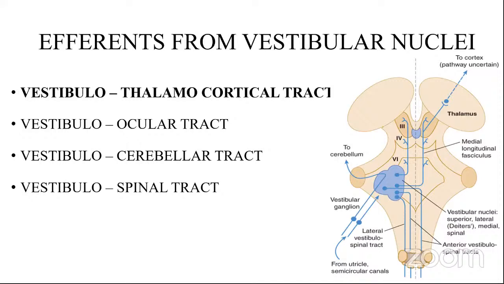The efferent is the vestibulo-thalamo-cortical tract, as we have seen, from the vestibular nuclei to thalamus and from thalamus to cortex. This pathway is uncertain. So the main efferent from the vestibular nuclei is the vestibulo-thalamo-cortical tract.